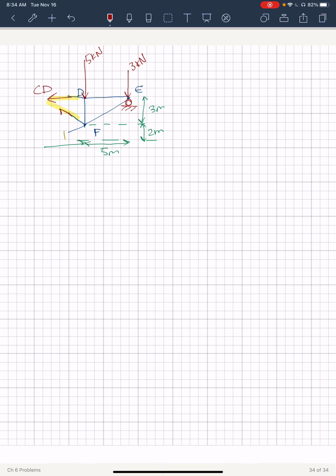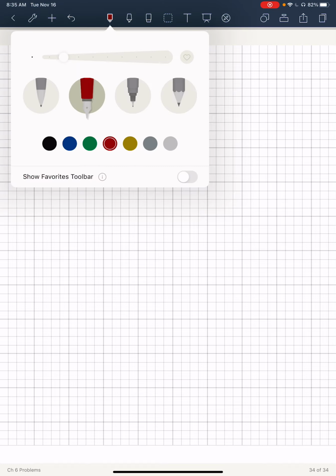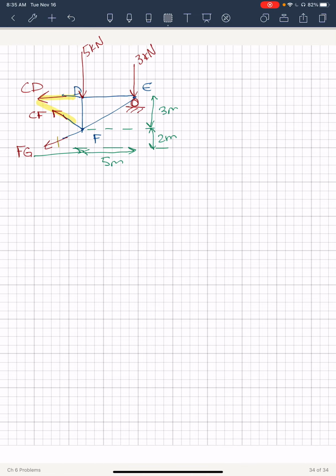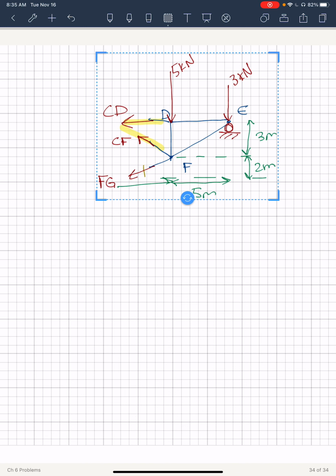We have this force here, which is CF, and then this force here, which is FG. I might make this a little bit bigger so we can see a little bit better. So then we have our angles here.